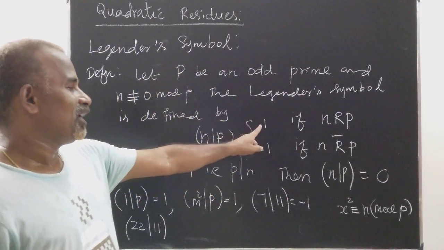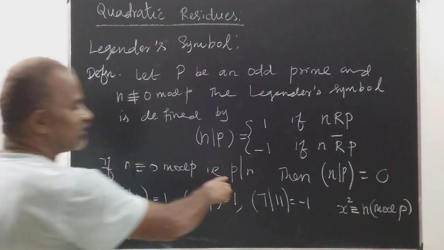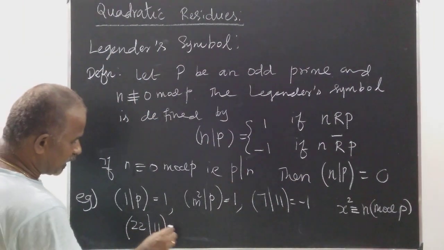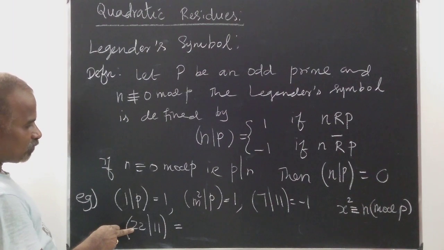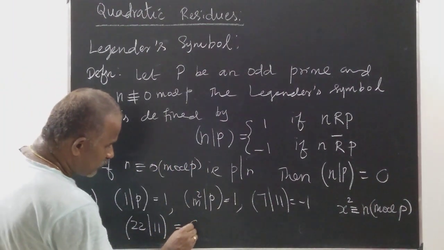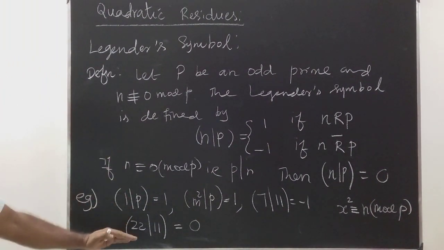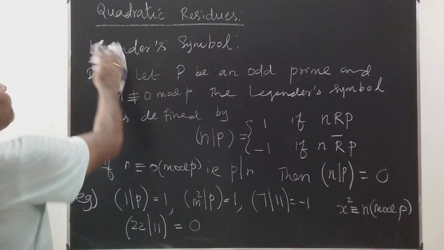Otherwise n over p is plus 1 or minus 1. So in this case p divides n, therefore this becomes 0. This is an example of the Legendre symbol.